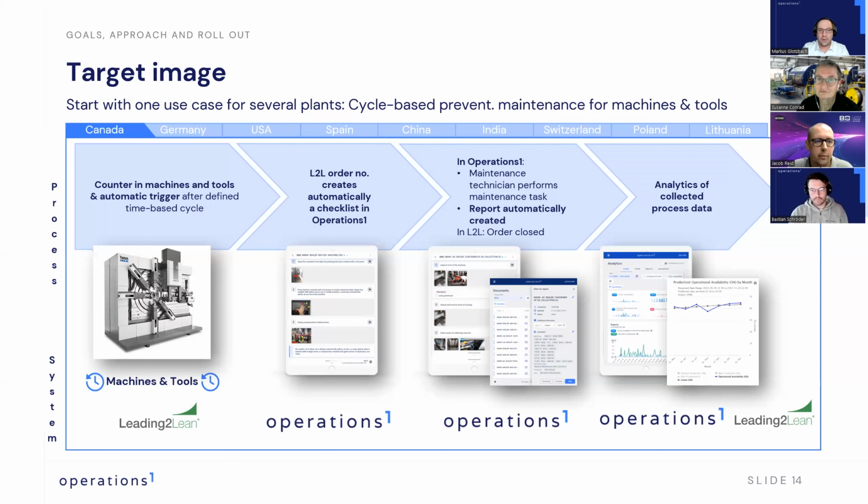Okay, yeah, thank you very much for the insights. I think this graphic shows really well how you can integrate Operations One into an existing system landscape, and of course how to get rid of analog and paper-based processes.